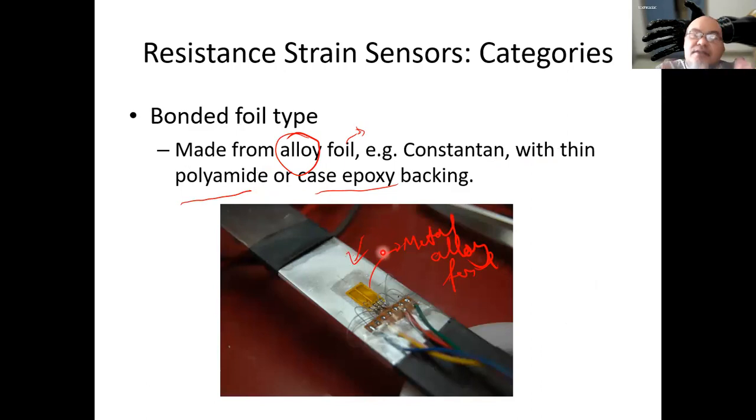the sensor is made as a standalone sensor, then it is attached to the structure whose strain you would like to measure. This attachment is usually made using epoxy adhesive, which is cured either using heat or UV, for example. Sometimes this epoxy is not stable.